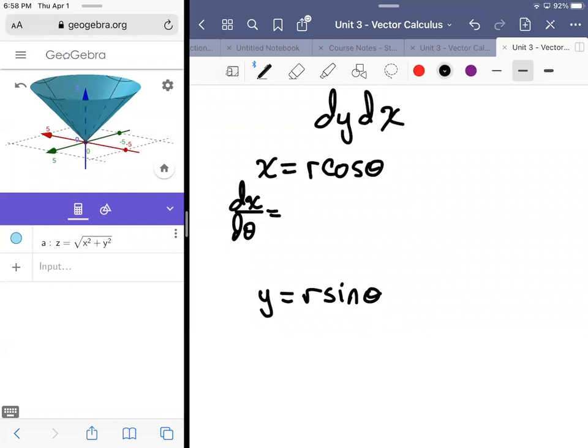So now this is an ordinary derivative from Calc 1 in the sense that both r and theta are variables. I'm not treating one of them as constant, so it's not a partial derivative. It is the derivative of a multivariable function where both variables are treated as variables.